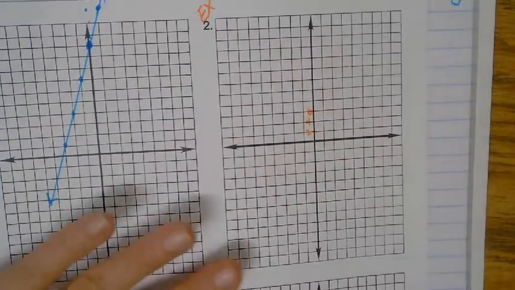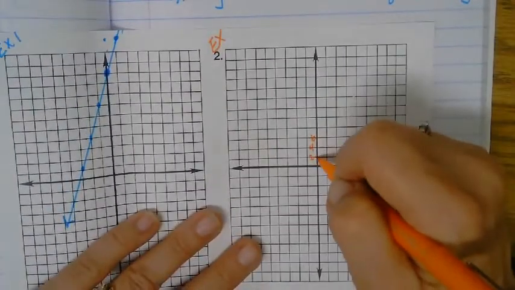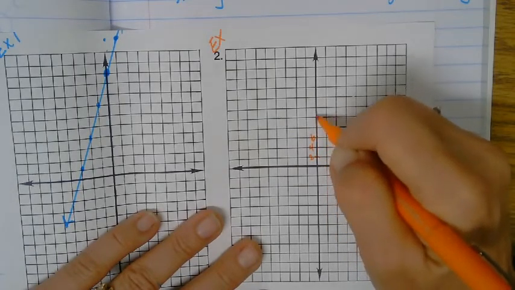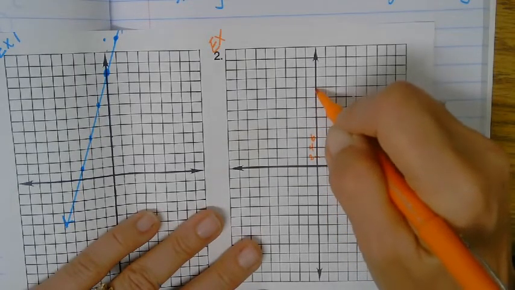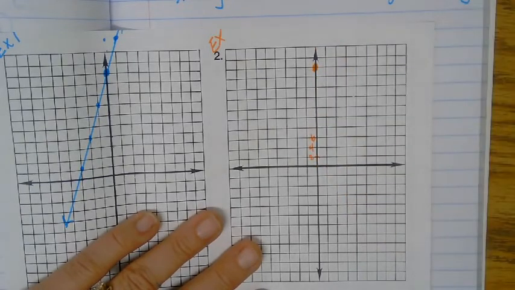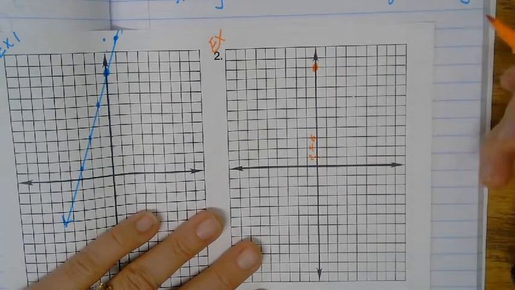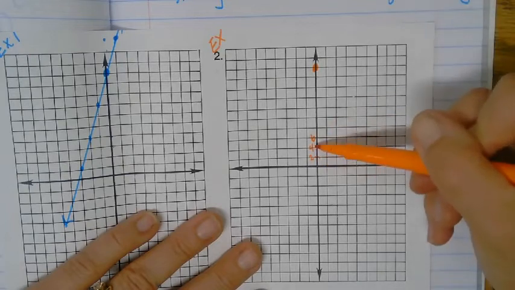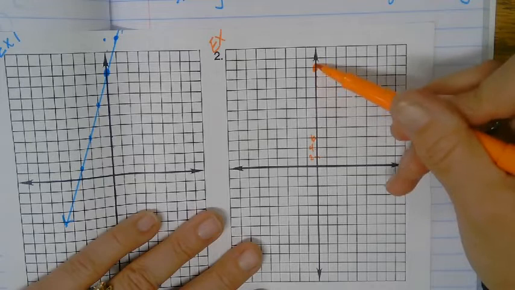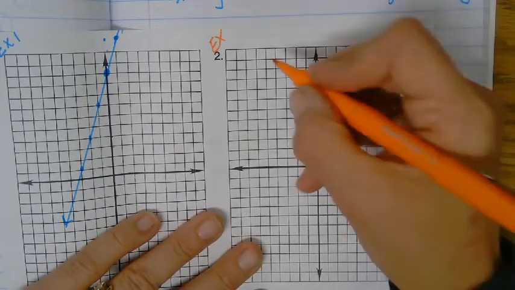So we're going to count by twos and go up to positive 20. 2, 4, 6. Okay, so this is 20.